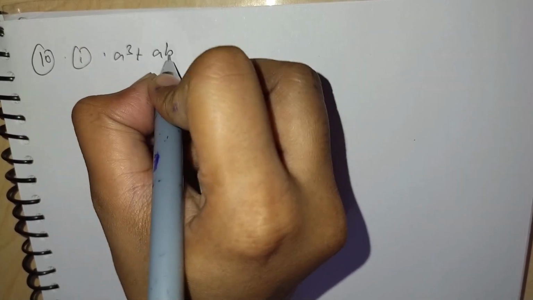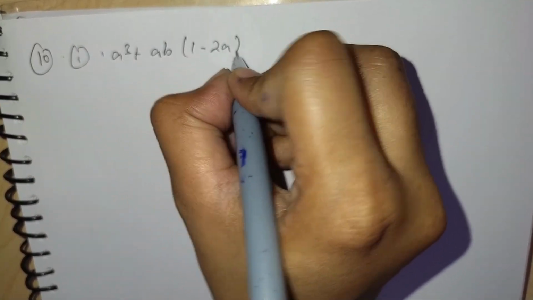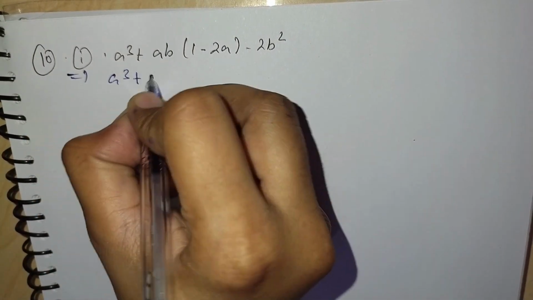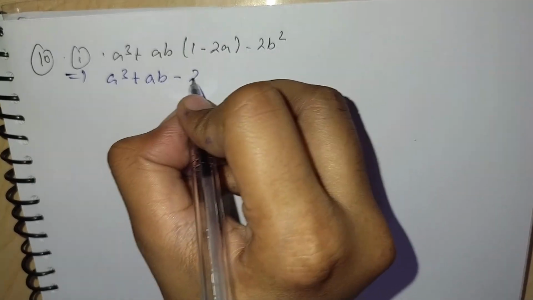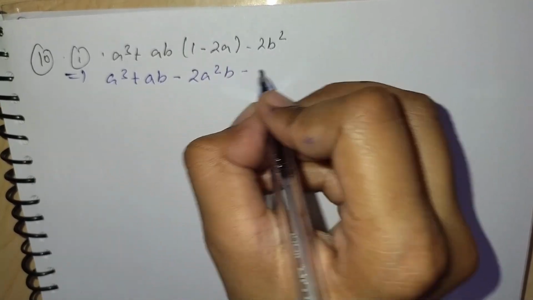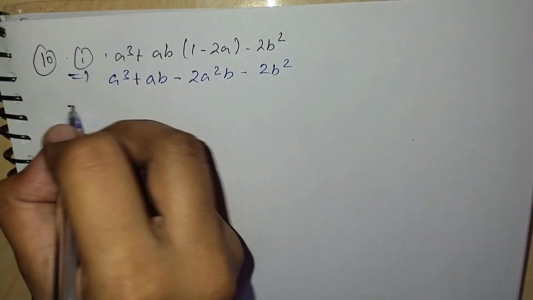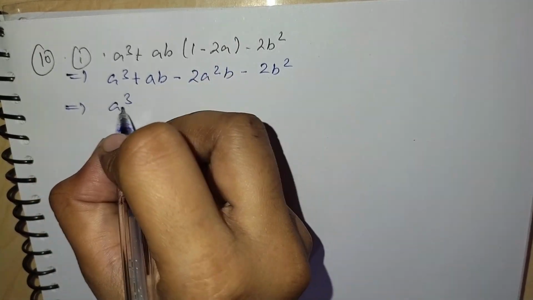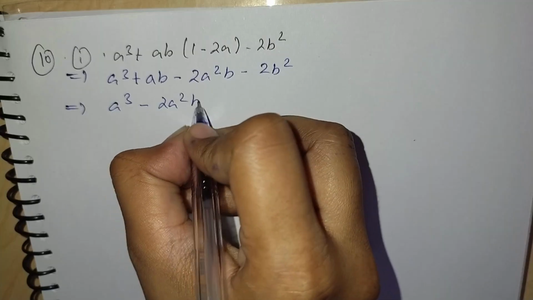Now the 10th question here, first part, is a cube plus ab, here 1 minus 2a minus 2b square. On solving this, we will get a cube plus ab minus 2a square b minus 2b square. So firstly we will rearrange to take common from this. We will write it as a cube minus 2a square b.